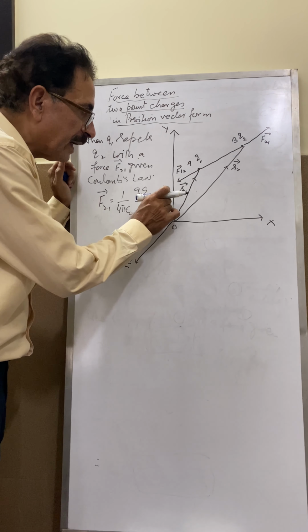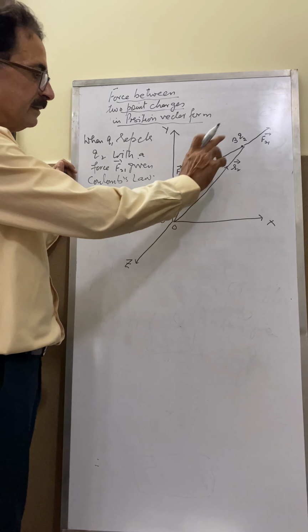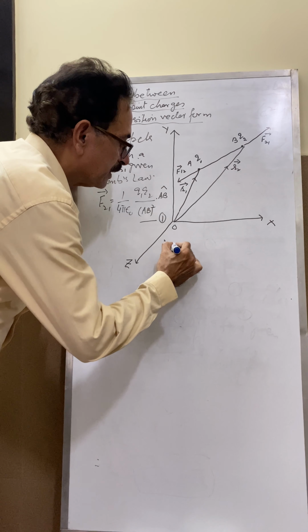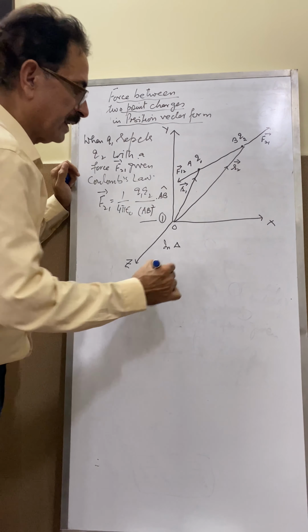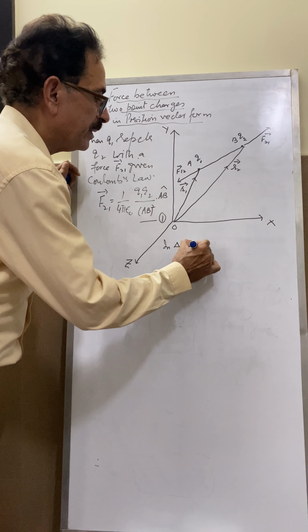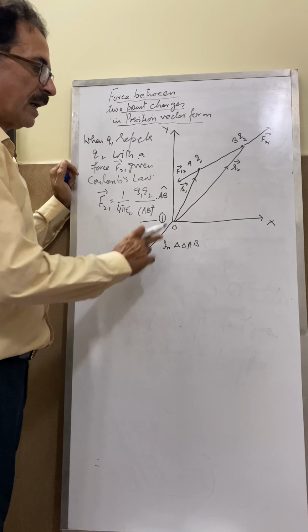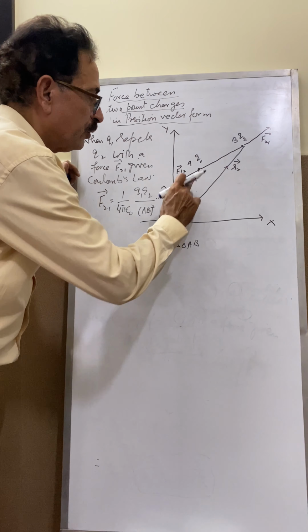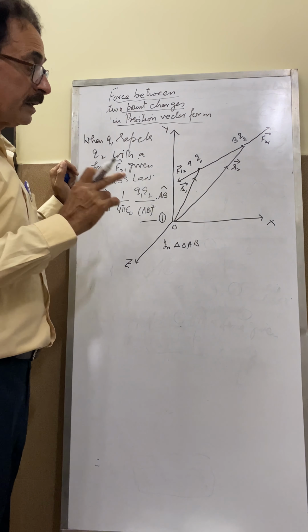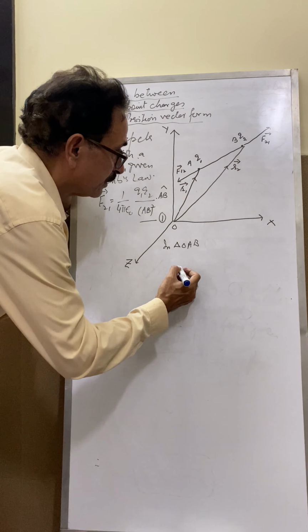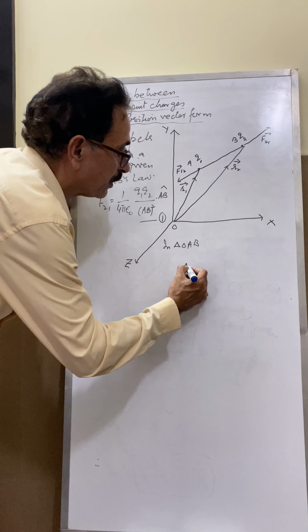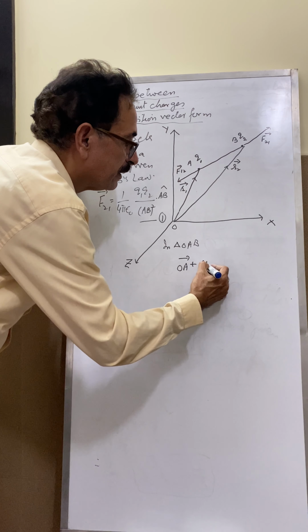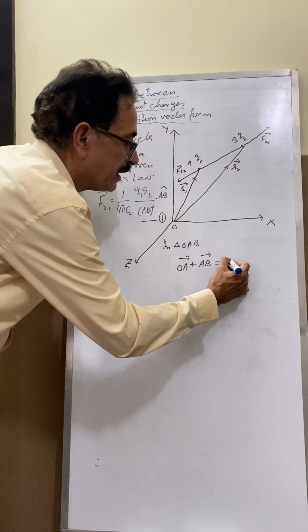This AB cap I will calculate first from the triangle. In triangle OAB, according to the triangle law of addition of vectors, I will write vector OA plus vector AB, you will get it as OB.